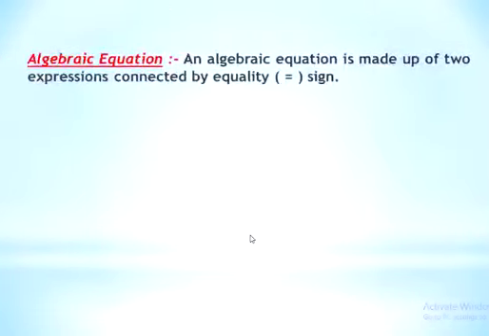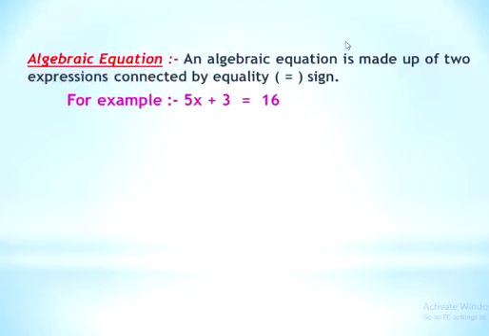And now we come to the algebraic equation. An algebraic equation is made up of two expressions connected by the equality sign. The equality sign means both sides are equal. For example, 5x plus 3 is equal to 16.